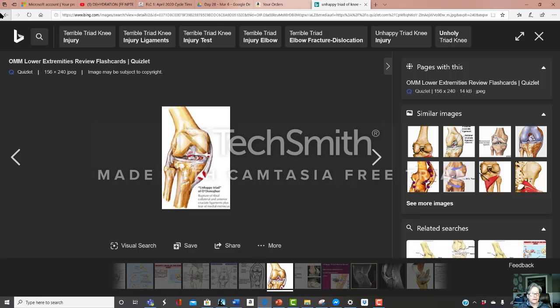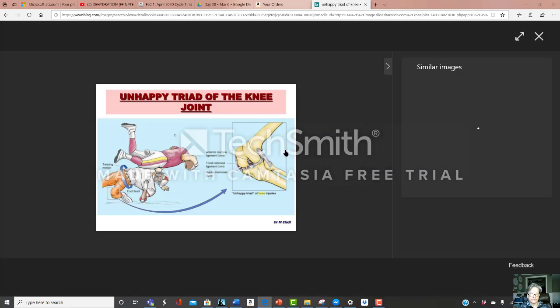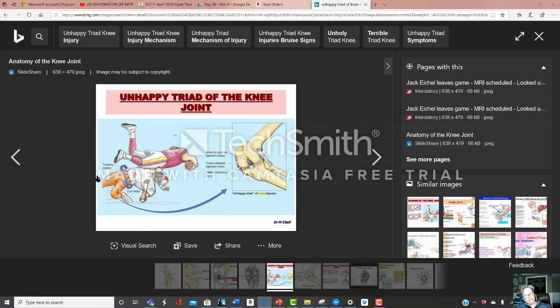Let's see. Find a good picture of that. Here's kind of one. So knee flexion, knee valgus, and external rotation forces of the knee.